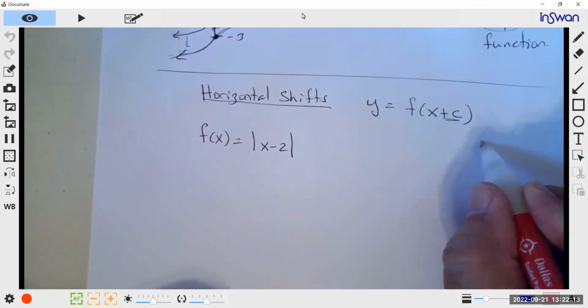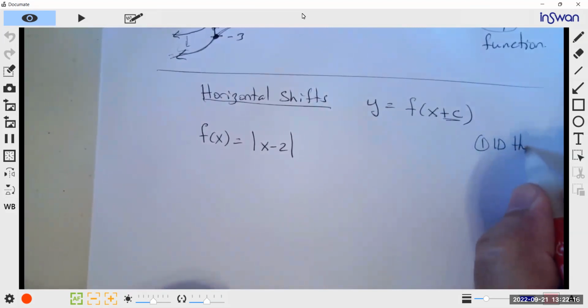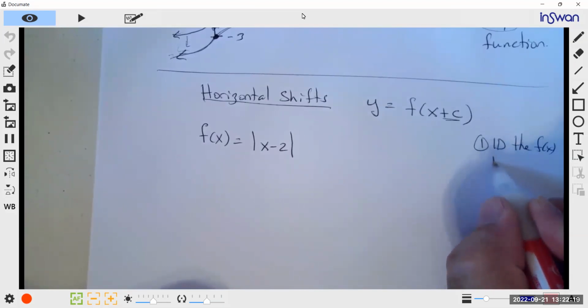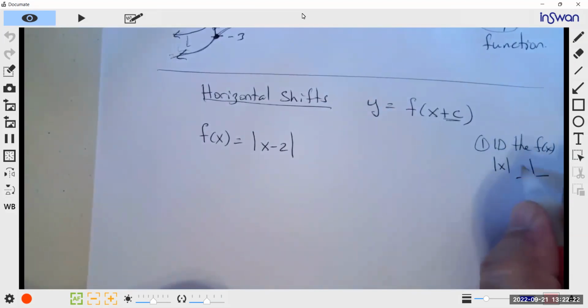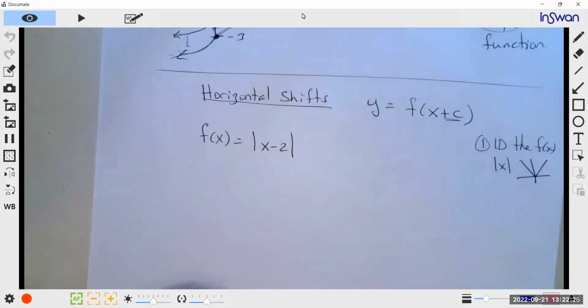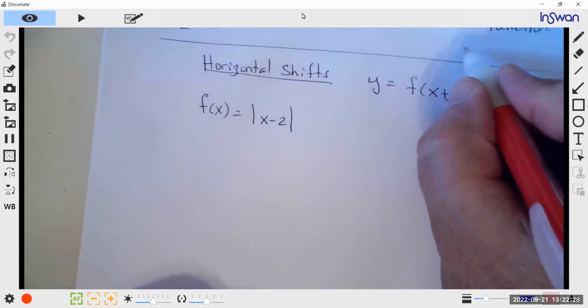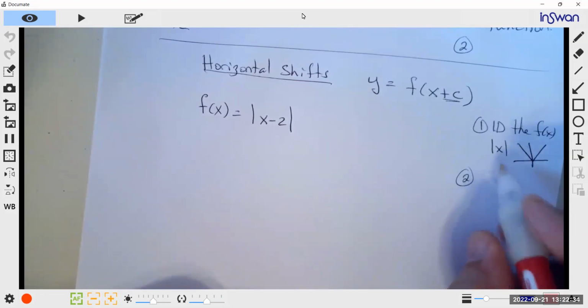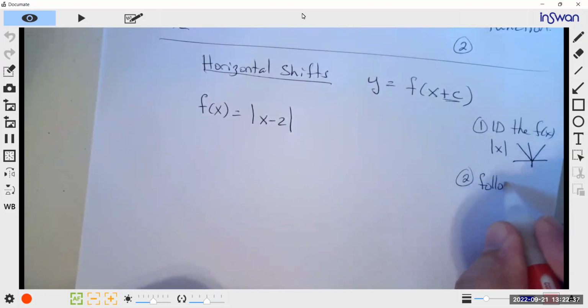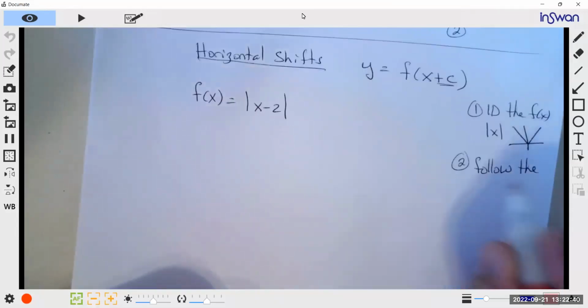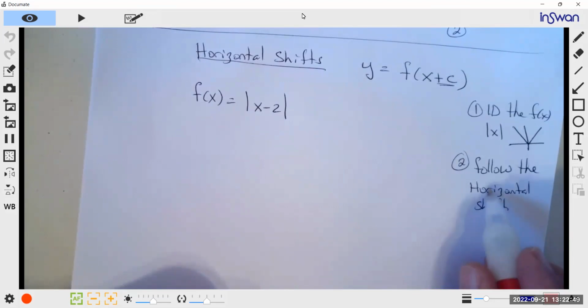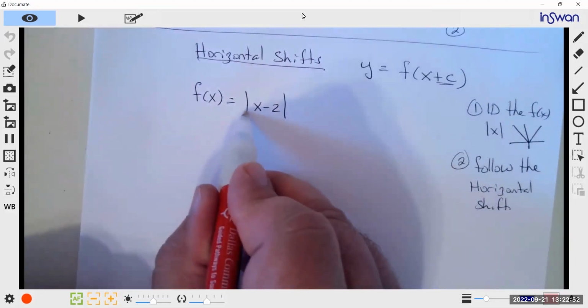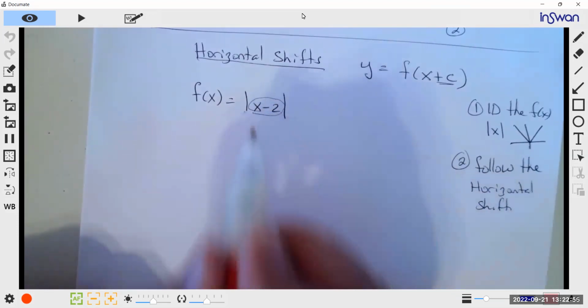So the first thing I have to do is ID the function. Absolute value of x, the graph of it is the v. Next step, follow the horizontal shift. Now remember, the horizontal shift is always inside the function. The function here is absolute value, so this tells me my horizontal shift.